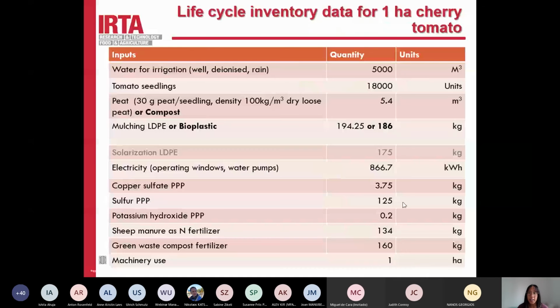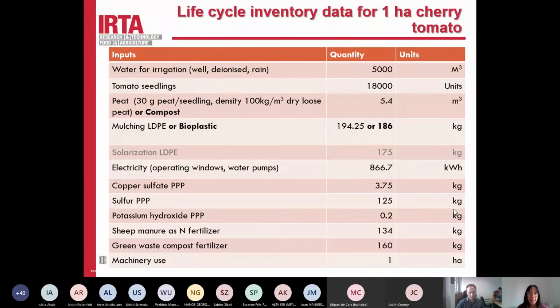So using the data from Miguel, Christina, and Rafaela, we created a life cycle inventory, which defines all the inputs and outputs from the system. Listed here are some of the important inputs for cherry tomato production. For the contentious and alternative inputs, we have 5.4 meters cubed per hectare of peat or compost, as you can see in the bold here in the third row.